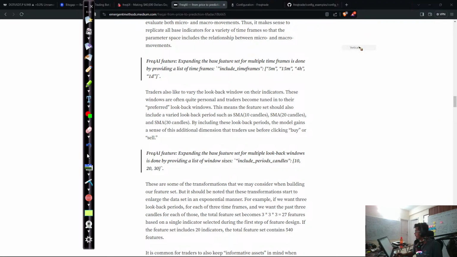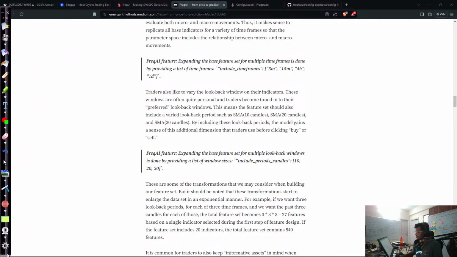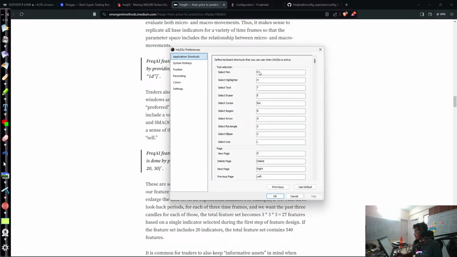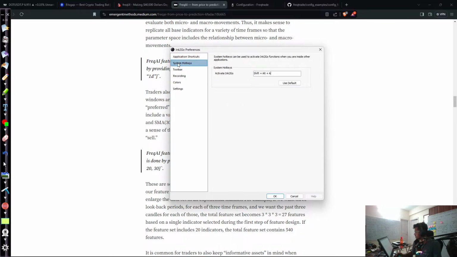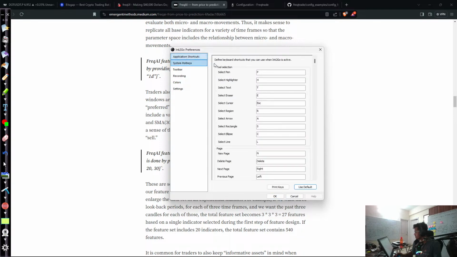Um, Vertical, and let's put it around here. Okay. So what's the shortcut there? I wonder. Select pan. So if I click P, did I select pan? No. System hotkeys. Activate this.